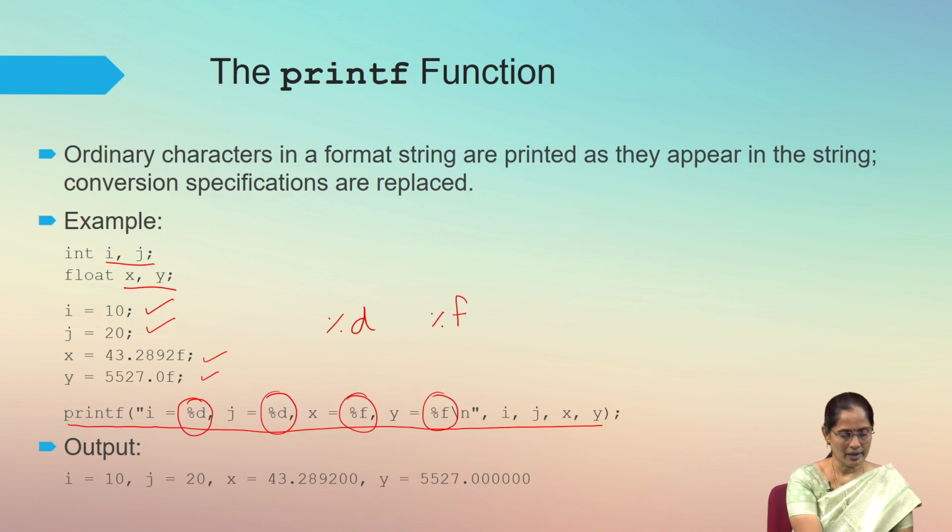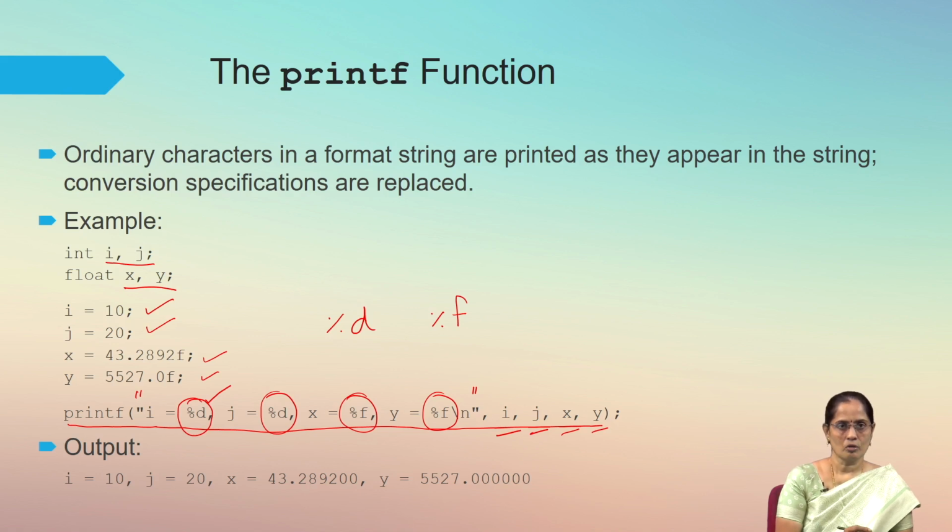What we are actually using here is i equal to %d. This %d will be substituted with the value which we specify after the format string. The format string is enclosed within double quotes. After this format string, whatever names we give are all variable names. So i, j, x and y are all variable names.